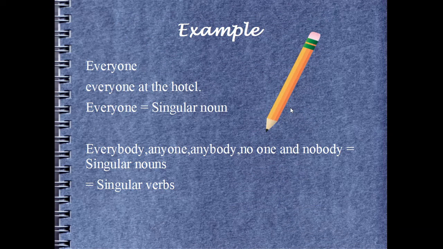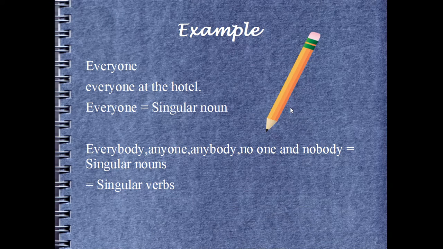For example, everyone. Let's use everyone. Everyone at the hotel. In this case, it's singular because when we're talking about all the people at the hotel, we're talking about it as if it was all one thing. So, with that being said, everyone becomes singular.